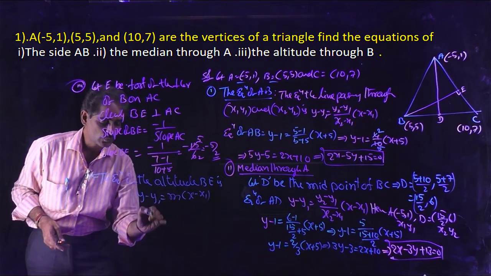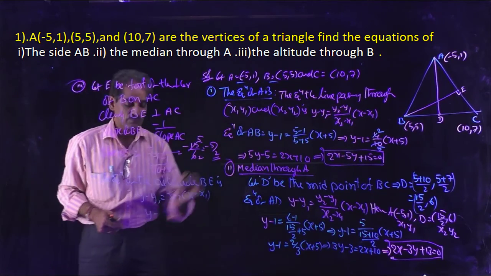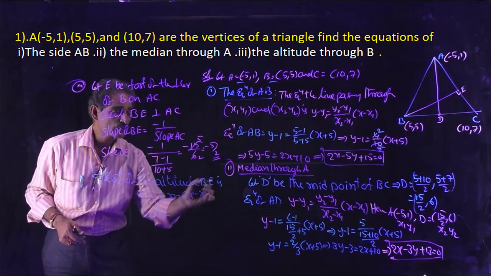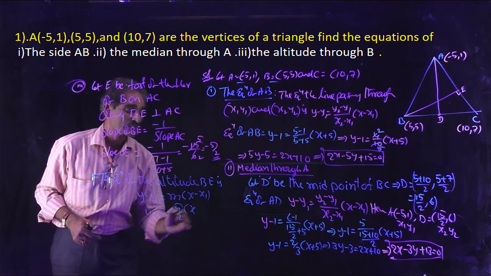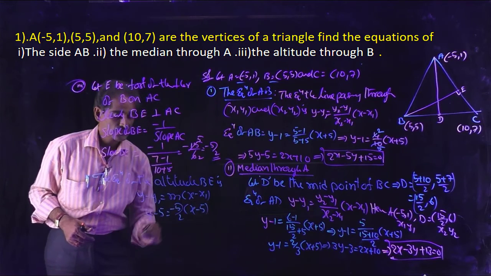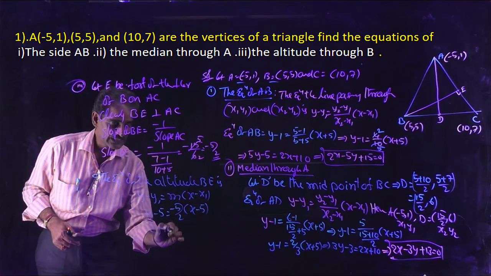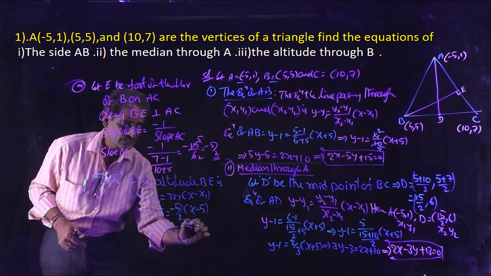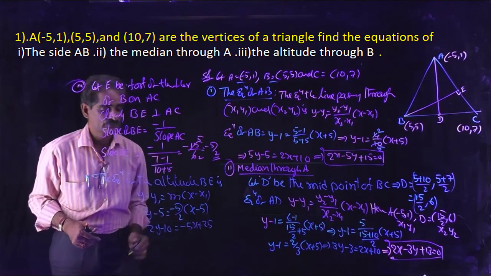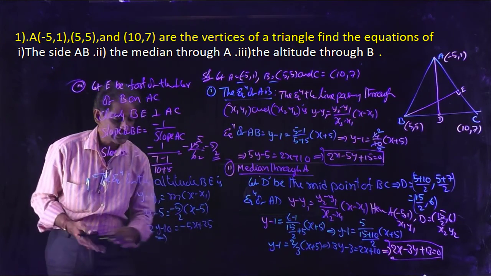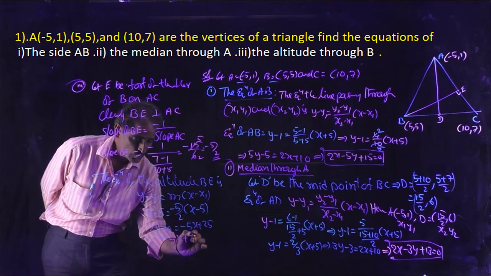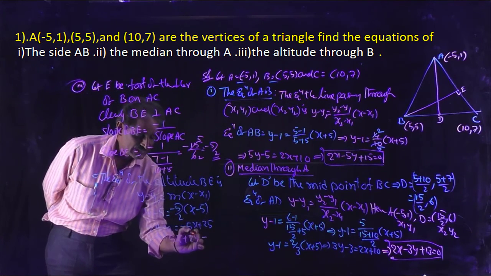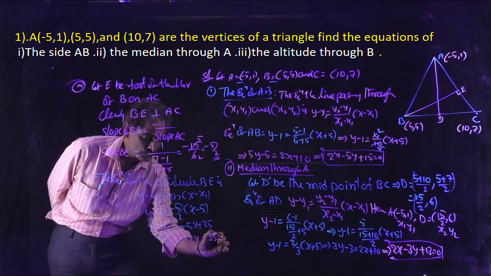That is y minus 5 is equal to m, which means minus 5 by 2, into x minus 5. So 2y minus 10 is equal to minus 5x plus 25. From this we can write 5x plus 2y minus 35 equal to 0.